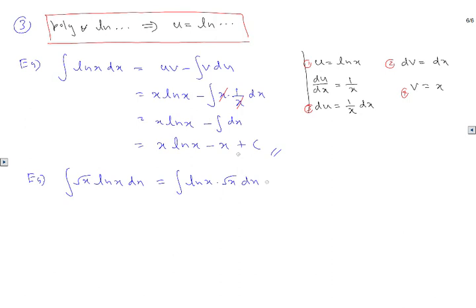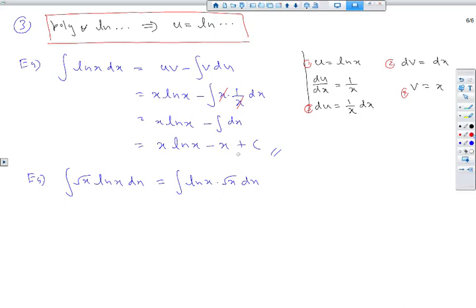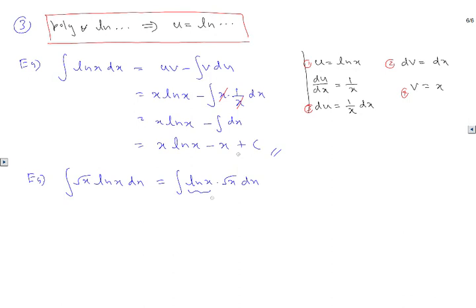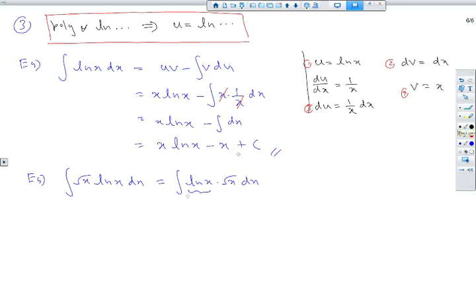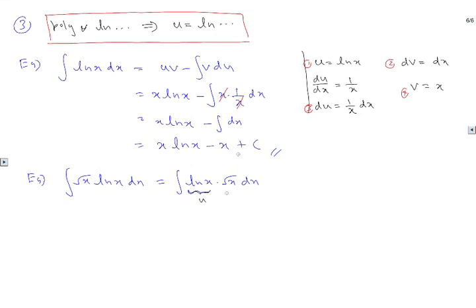Then we know everything we need: that is the u function, and that is the dv function. So u equals ln x, dv equals x to the 1/2 dx, so du equals 1 over x dx. v is easy to integrate: it's 2/3 x to the 3/2.